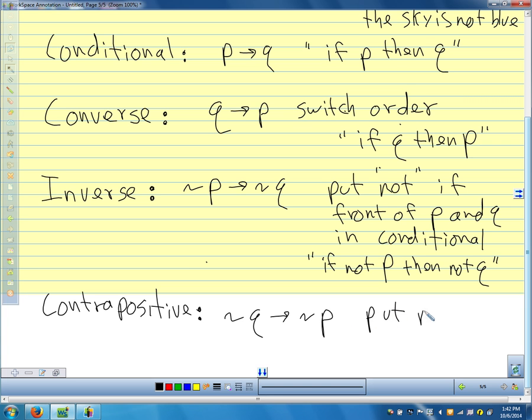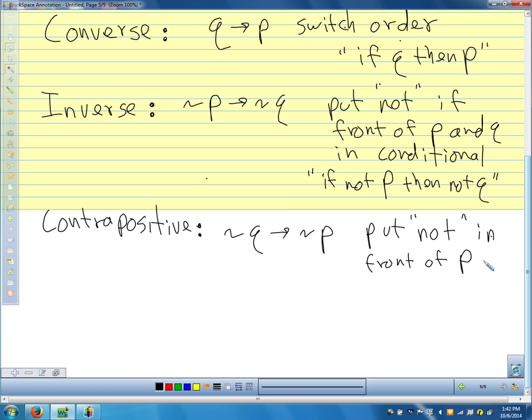So for this, we're going to put not in front of the P and the Q in the converse. And we would say this, if not Q, then not P.